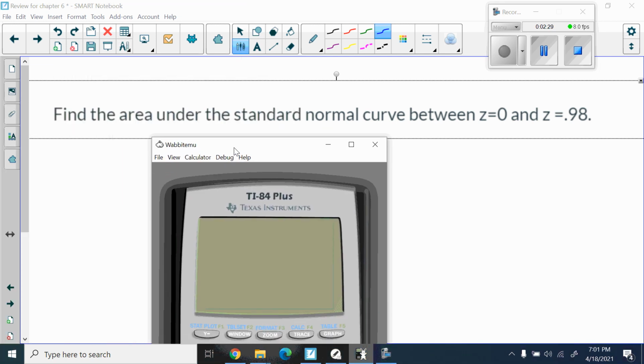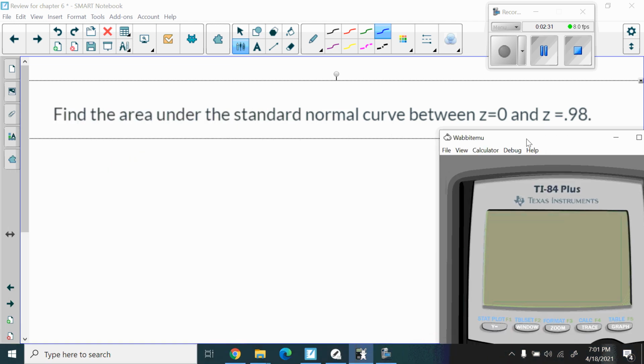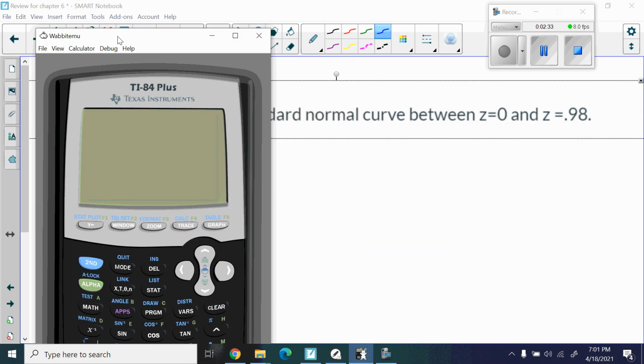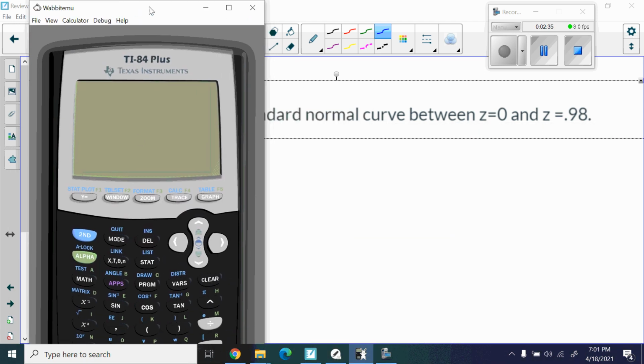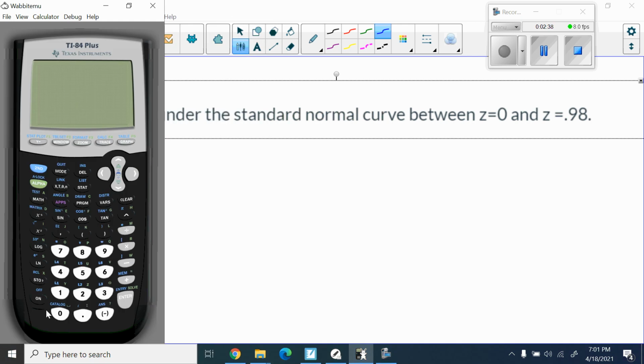So find the area under the standard normal curve between a z-score of 0 and a z-score of 0.98. So what I'm going to do is second VARS, and I'm going to go under normal CDF.